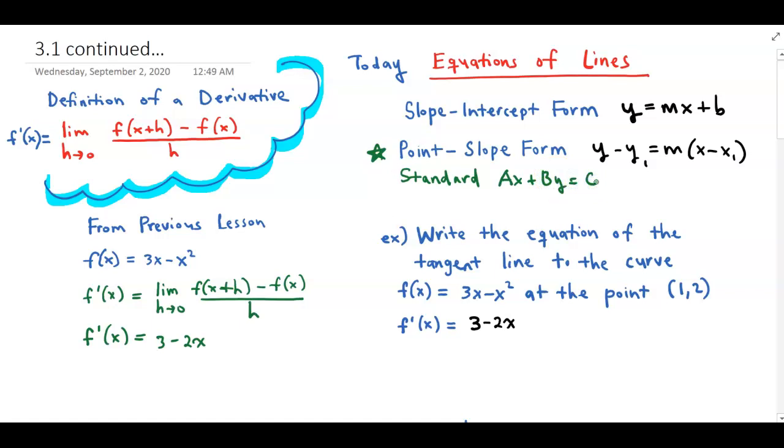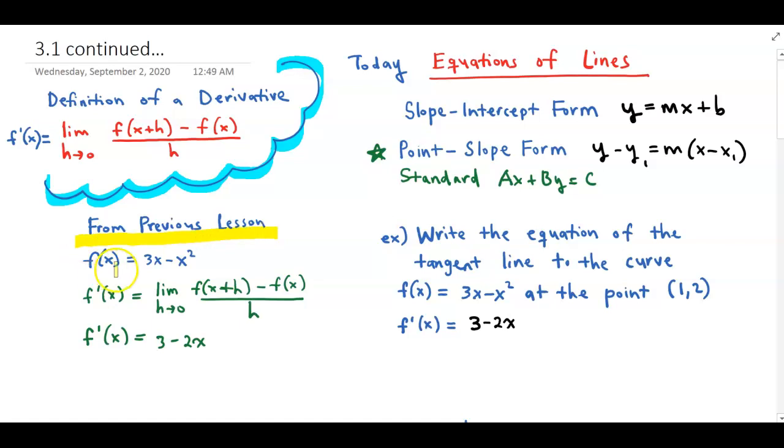Basically all the x's and y's are on one side of the equation, and you have to be comfortable with all three, but one of the common equations that we're going to see in AP Calculus is point-slope form.